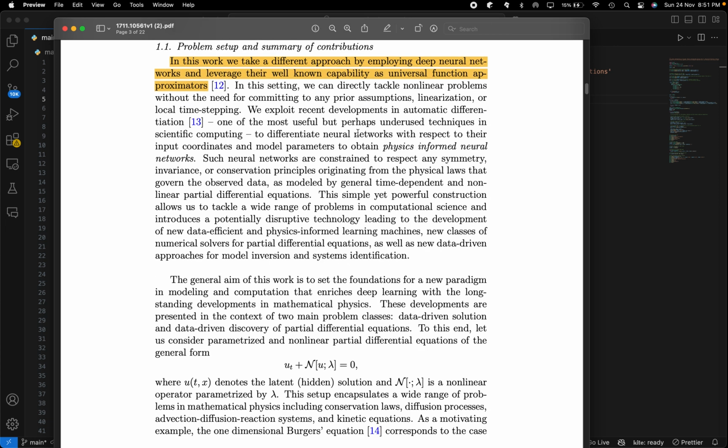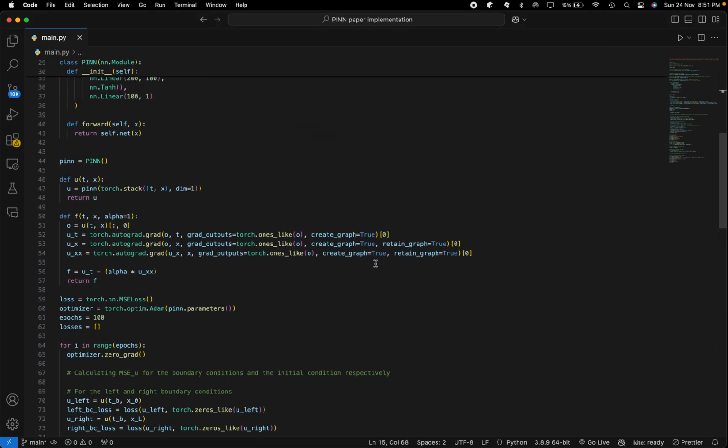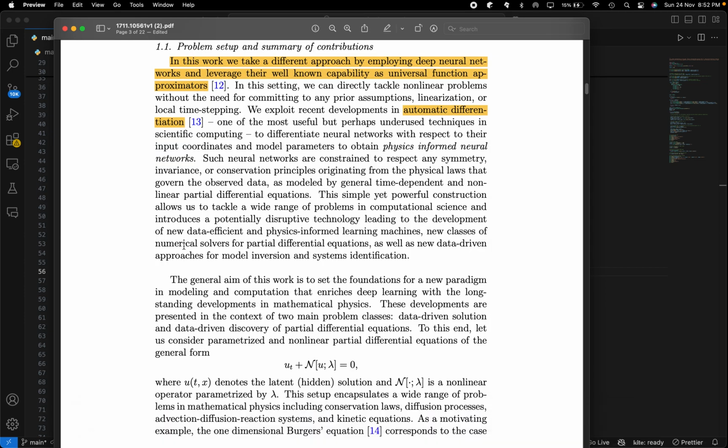One very important thing is that they use automatic differentiation to do this. This is very important, and it is pretty much the core of this entire paper. It's covered in this particular function, which we'll get to in some time. Automatic differentiation is a method in which you take the forward pass computation and split it up into sets of different operations and variables in a computation graph.